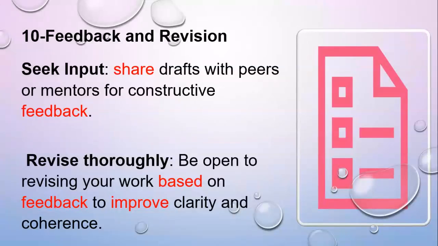So you have to revise thoroughly and be open-minded to revising your work based on the feedback that you get from peers, supervisors, or other researchers. This will improve the clarity and coherence of your work.